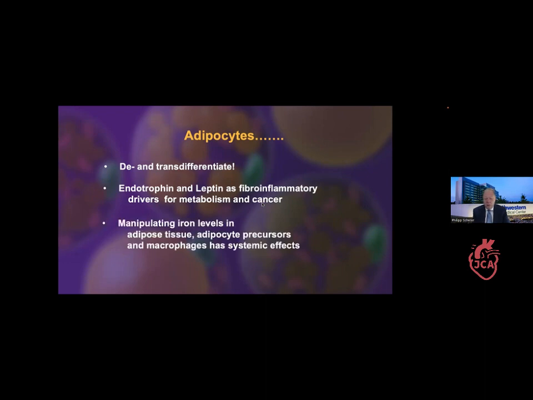I told you briefly about manipulating fat cells, stromal cells, and macrophages in fat by a simple tool, manipulating iron levels, basically pushing these different cell types down either a more glycolytic versus a more oxidative pathway, which can determine their nature quite dramatically and actually change the overall picture.